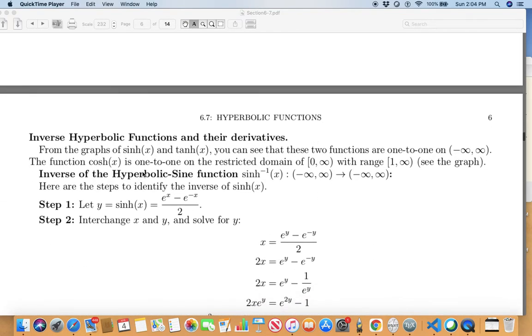All right, so cosine hyperbolic is one-to-one on the restricted domain closed 0 to infinity, and the range of cosine hyperbolic is closed 1 to infinity. Now the inverse of sine hyperbolic function is from negative infinity to infinity.